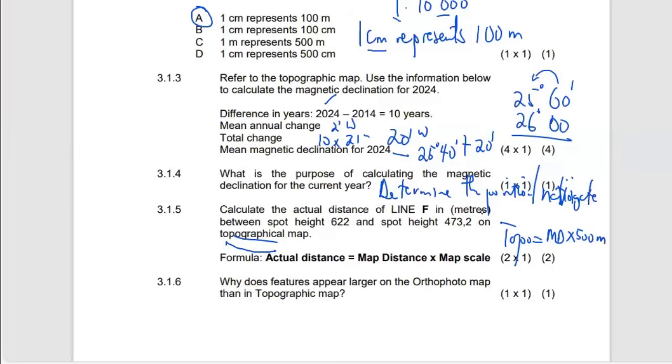You would have converted 50,000 to meters directly. If it is on the orthophoto, get your map distance in centimeters from the ruler and multiply it by 100 meters. You get your answer directly in meters.